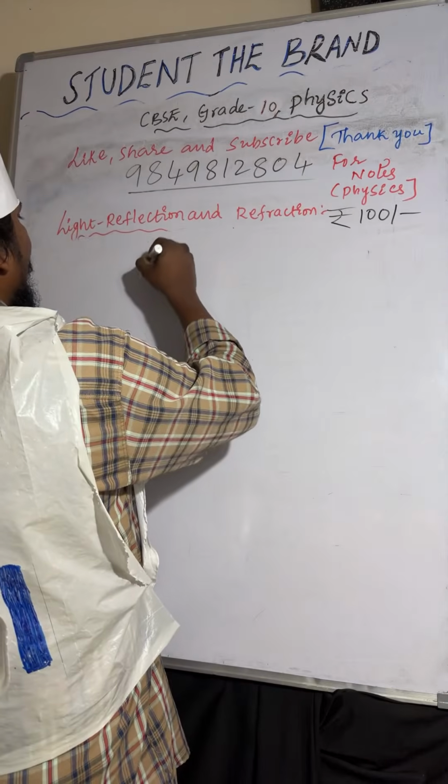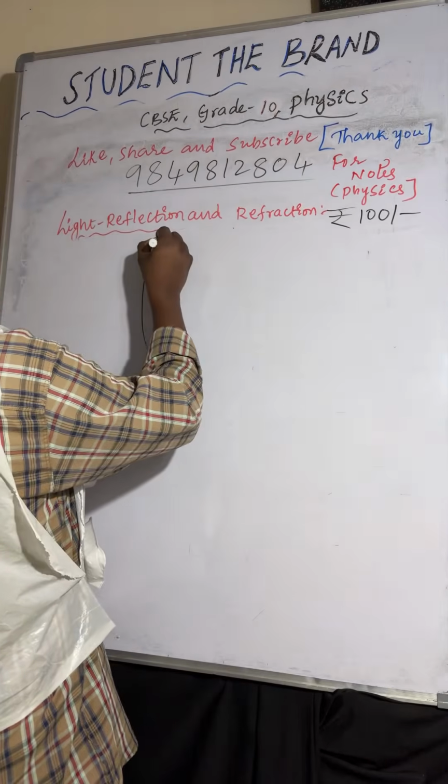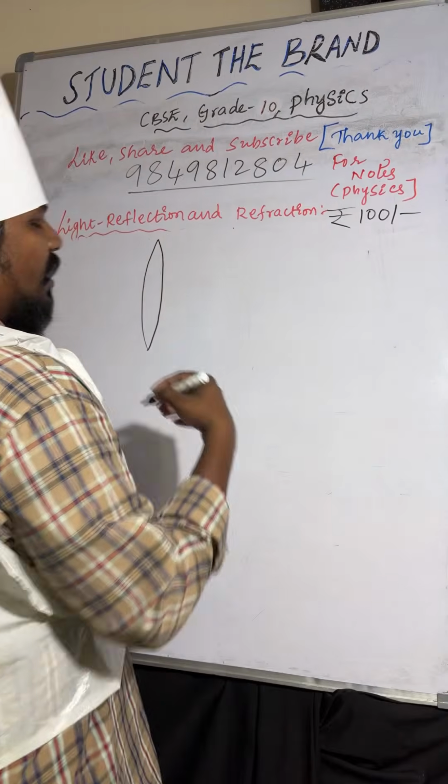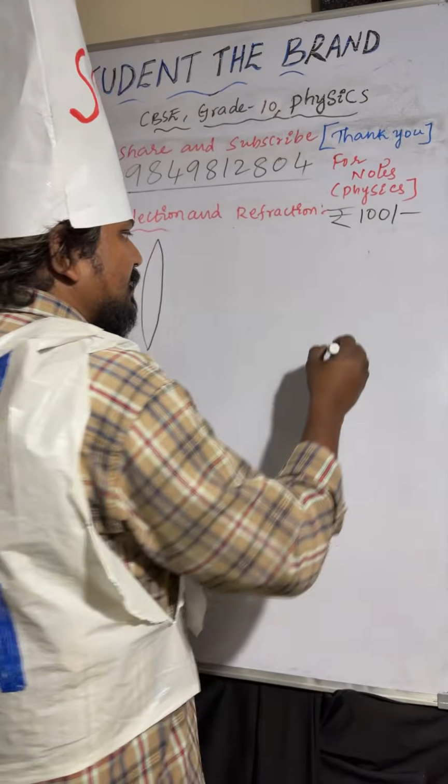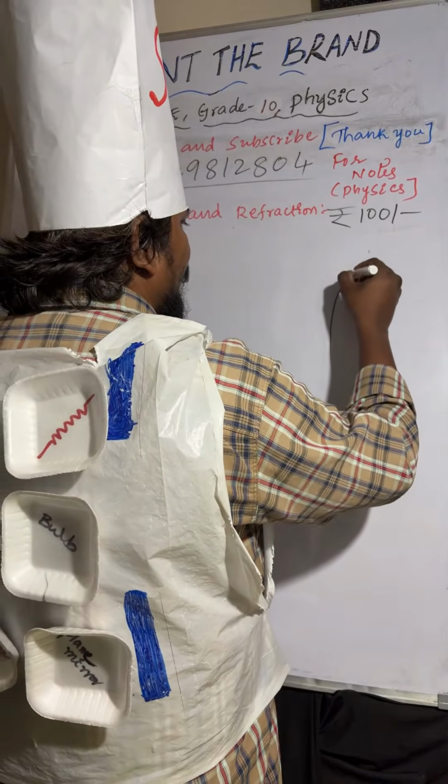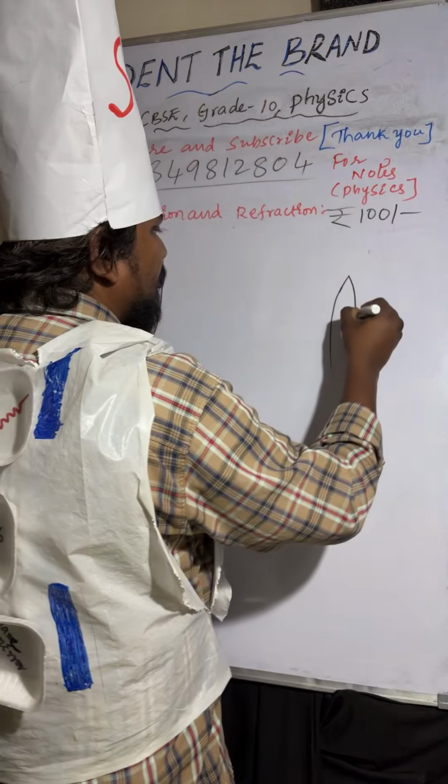Convex lens is also known as converging lens. Here you can see this is a convex lens.